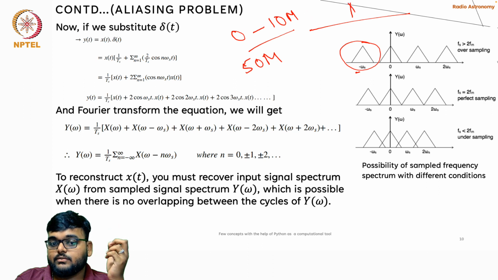I am talking about the discrete Fourier transform. So it will go like 0 to this, and here you will have this, and here to here.